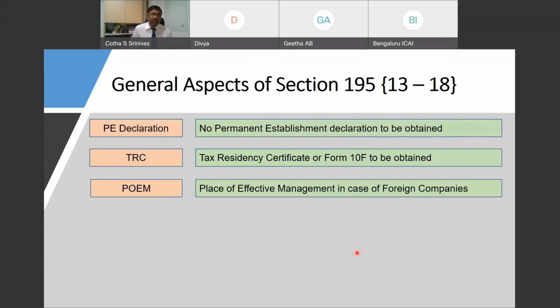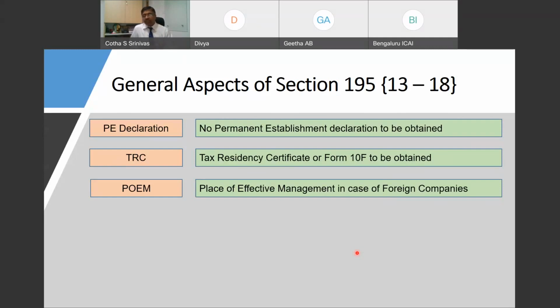POEM. Of late, there is an amendment to section 6, subsection 3 with respect to companies. We know the residential status of companies: all the companies registered in India are resident companies. Other than that, foreign companies are all non-residents. But with the introduction of this concept of place of effective management in case of foreign companies, they will also be considered as residents.